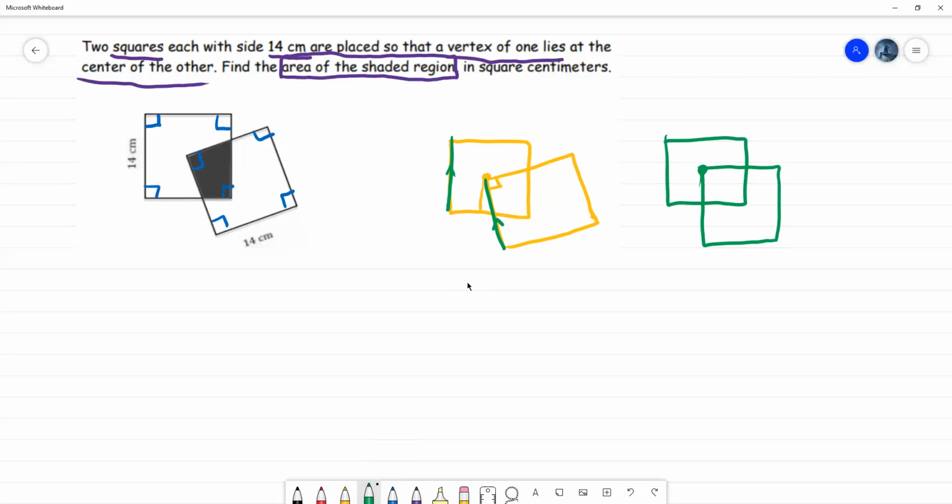And because the tip is touching the midpoint of the square, we could find the area of this overlapping region by just finding 1/4 of the total area of this square. Because we know the side is 14, we can do 14 squared, which is 196. And we could easily do 196 divided by 4, which is 49.